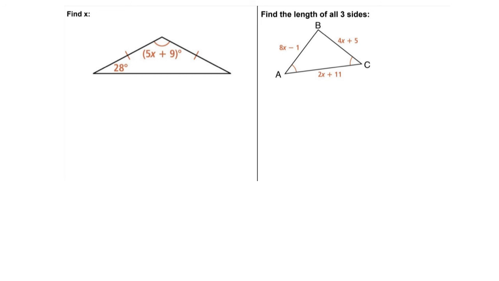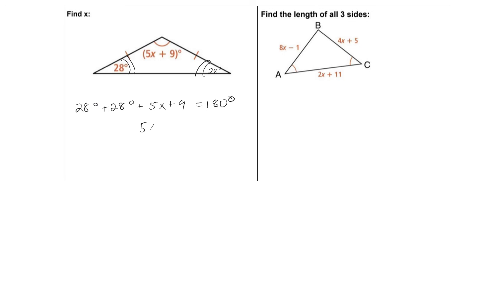All right, so here's 2 more problems. This one says find x. So again, isosceles triangle, 28, 28. So what we can do is add all 3 angles together and set it equal to 180 degrees.